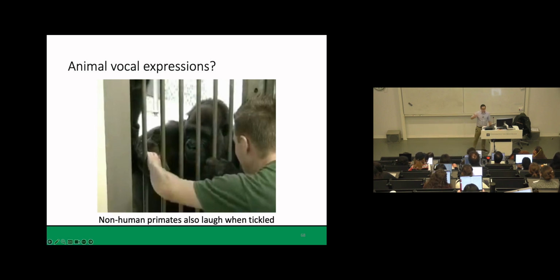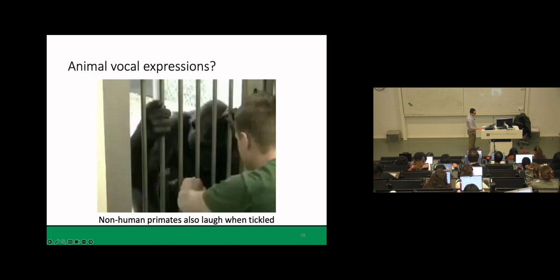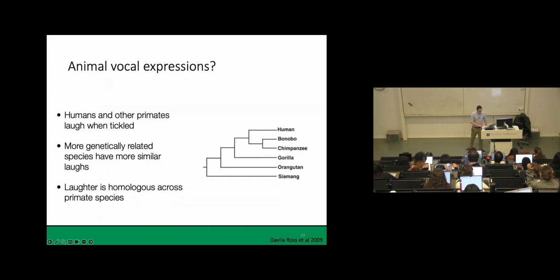So we do, especially laughing, which would be part of the emotion of amusement, is something we do see evidence for vocally across species. And it's not just chimpanzees. Humans and lots of other primates will laugh when tickled. One interesting finding is that animals that are more genetically closely related tend to laugh more similarly to each other.